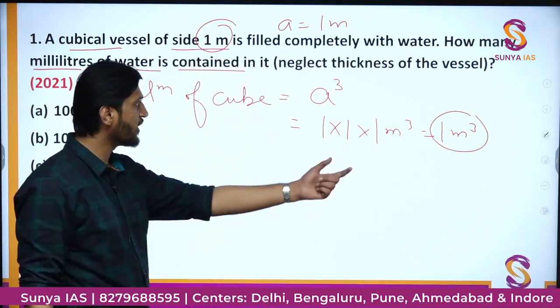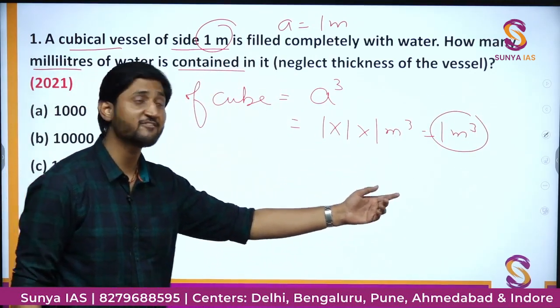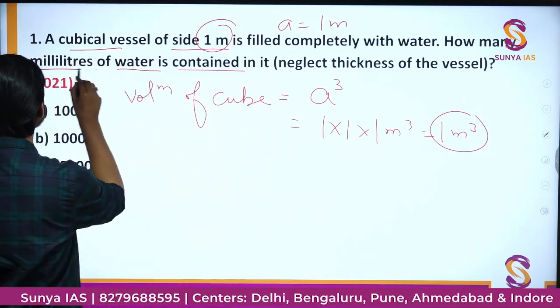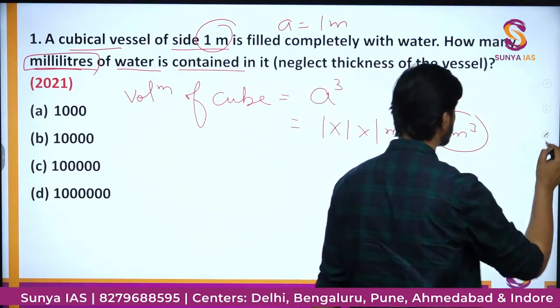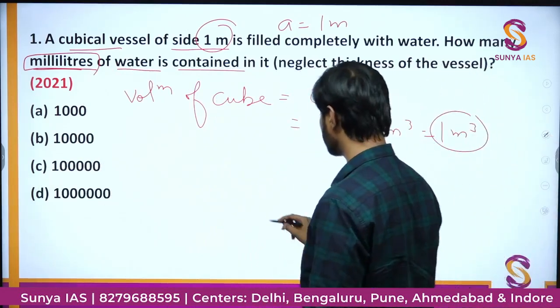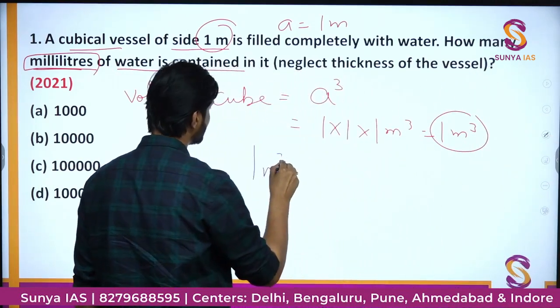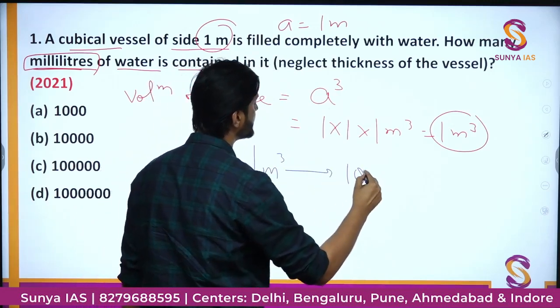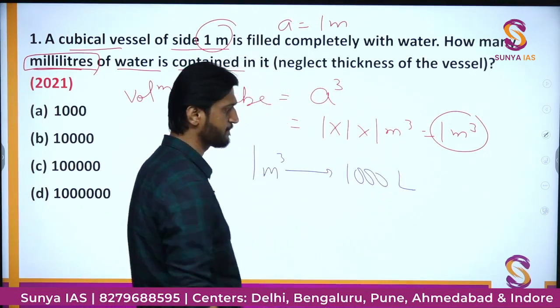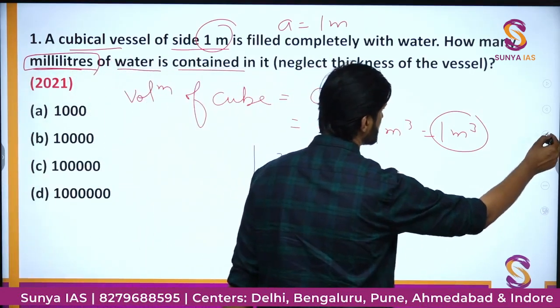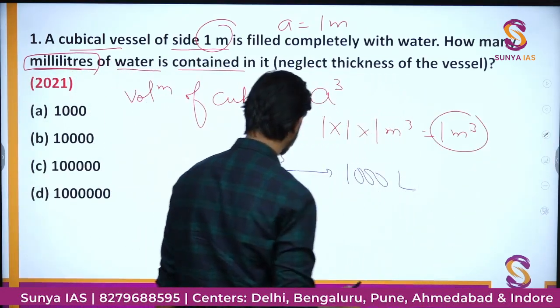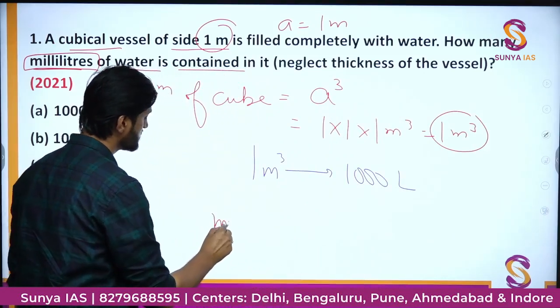Now we have to find this particular volume in terms of not liters but milliliters. So we'll first convert it into liters. 1 meter cube will be simply 1000 liters, as we saw earlier. Now what about milliliter? You are aware of the term millimeter.